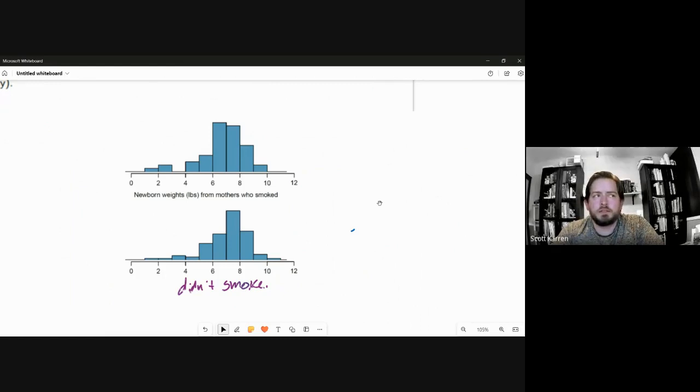And it's hard to make a conclusive decision here, right? For the ones that didn't smoke, it looks like the peak happens a little bit more to the right. The tail to the left is a little bit smaller in the data set of mothers that didn't smoke. But it's hard to tell here, right? In my opinion, we're probably not going to have conclusive data here to suggest anything. But that's just based on eyeballing this graph, right?